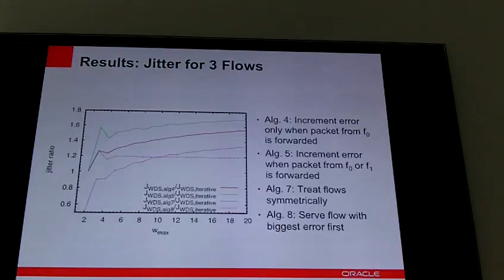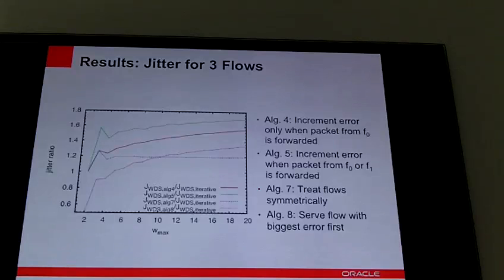Now algorithm 5 does the error calculation with a little bit more granularity. Rather than only calculating an error value when a packet from F0 is forwarded, algorithm 5 does this for every packet that is being forwarded from any flow.